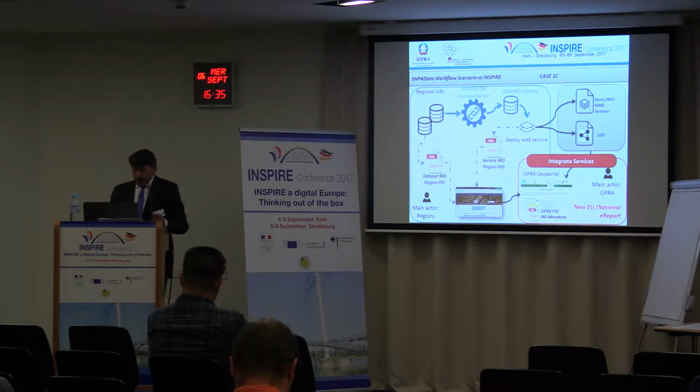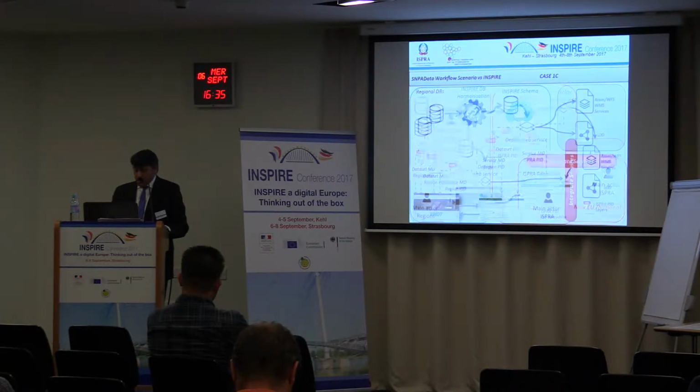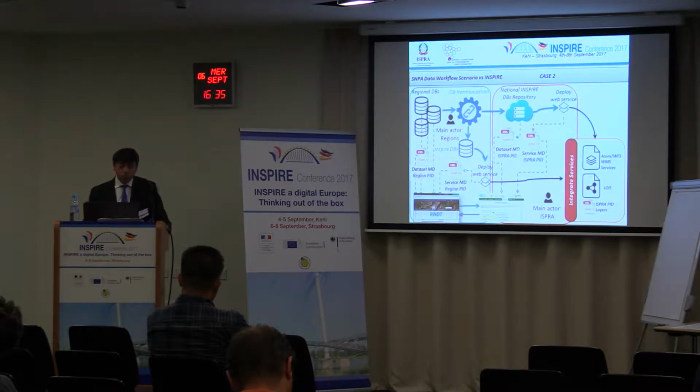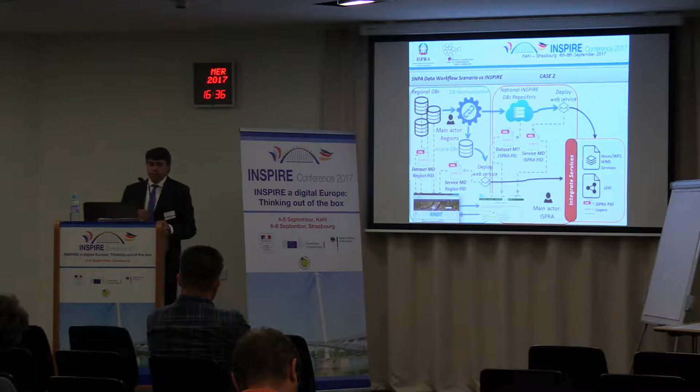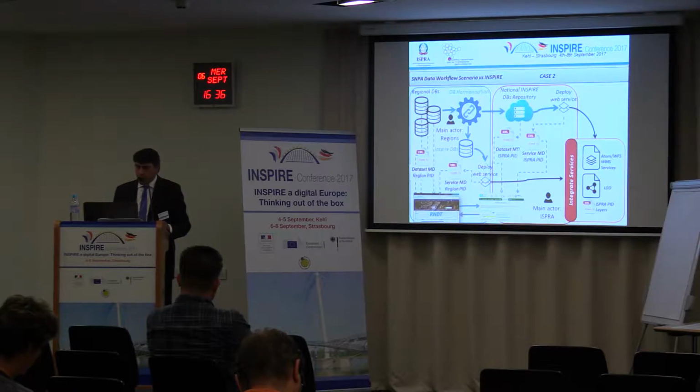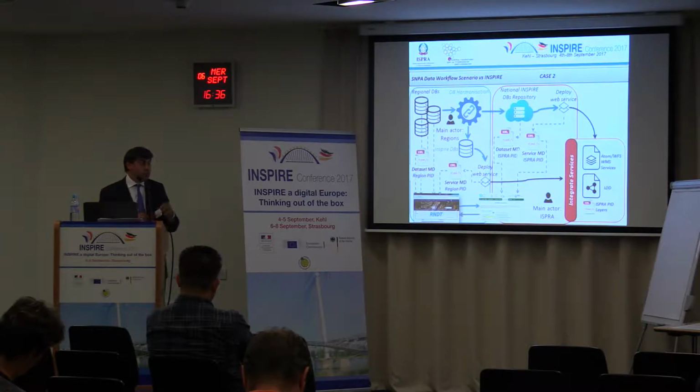The last one regarding the data flow is related to case 2. It's a more complex situation. This is the typical case of air quality data. The regions have the air quality data, though not all the regions. Sometimes the environmental agency has the data, so we have a different actor at the regional level that plays a role. Most of them publish the metadata for data and services, but sometimes they also provide the data to us, or sometimes provide the data directly to the Commission.